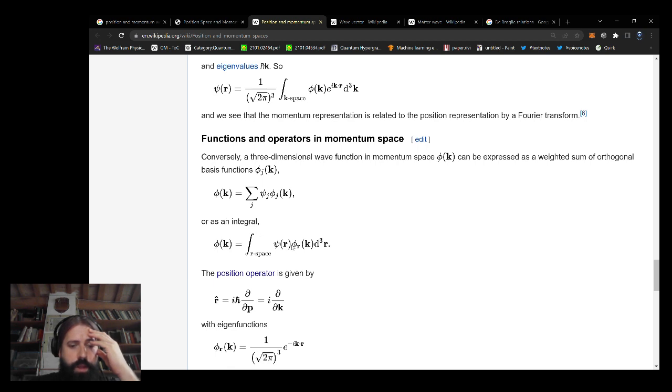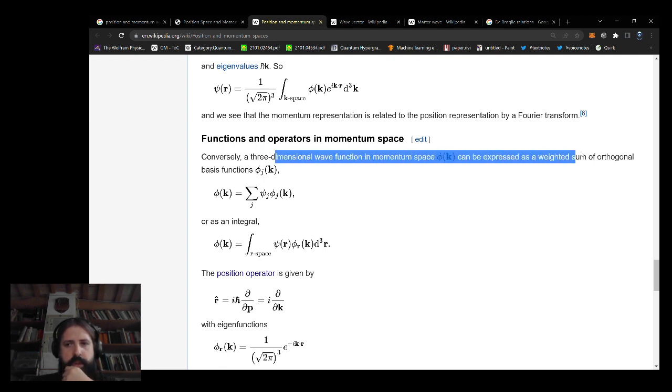Why? How do we arrive from one to the other? There's definitely the integral, and momentum space can be expressed as a sum of orthogonal bases like that, or as an integral.